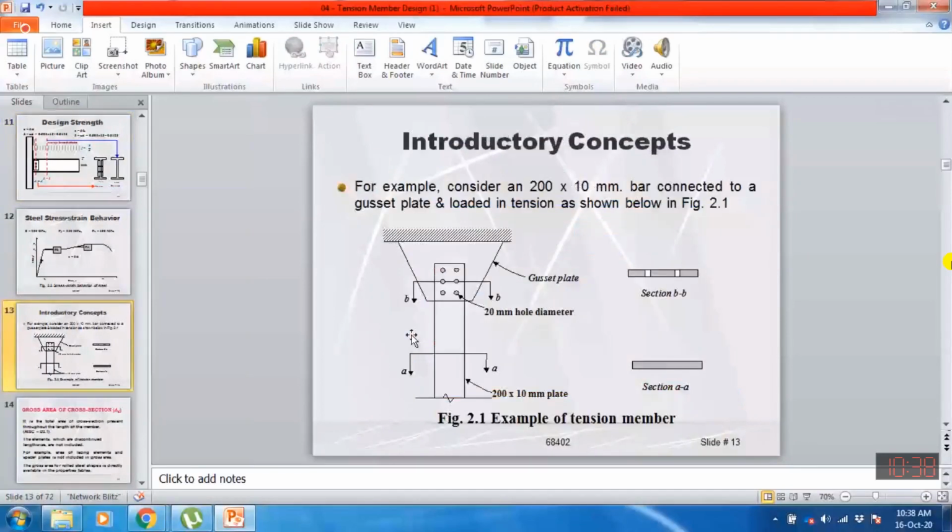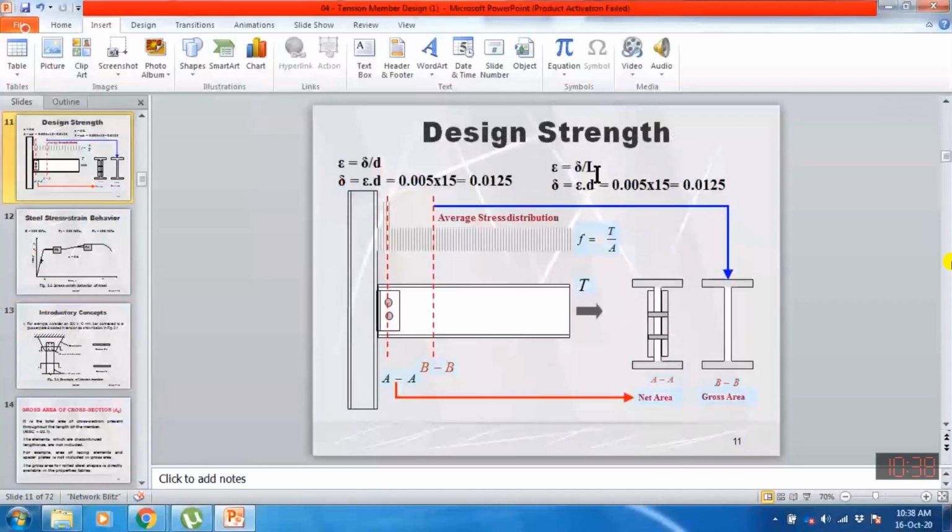So for the length of the gross area, I might consider that the length is equal to maybe 3000 millimeter. 3000 millimeter means 3 meter.